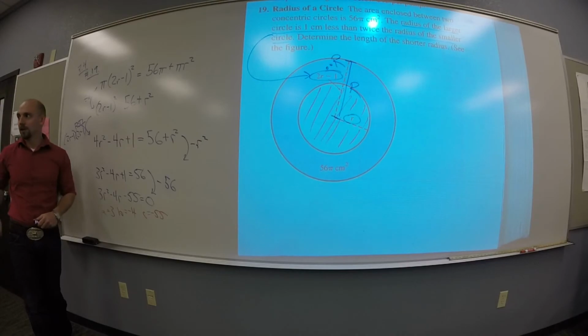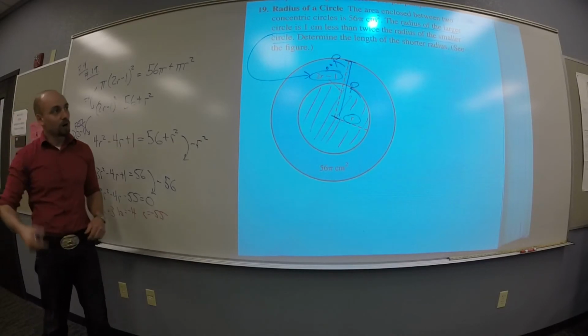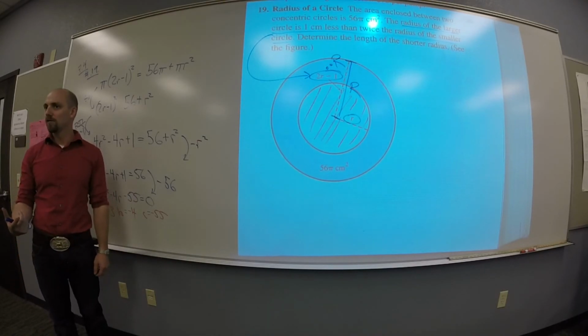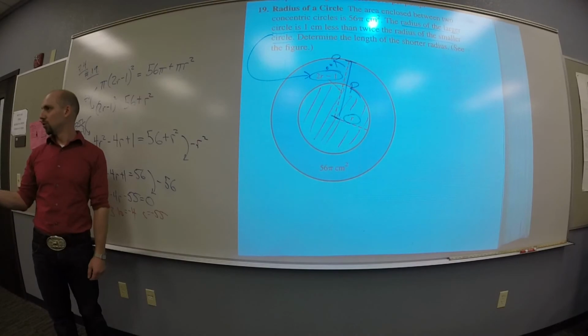You guys want to cram this in there? All right. What are you going to do with the result? In the end, you're going to get out of the quadratic formula two things. One's positive, one's negative.